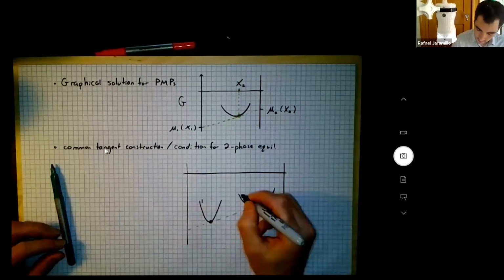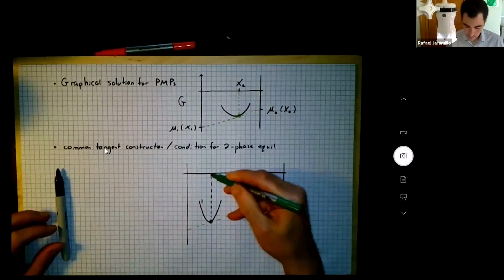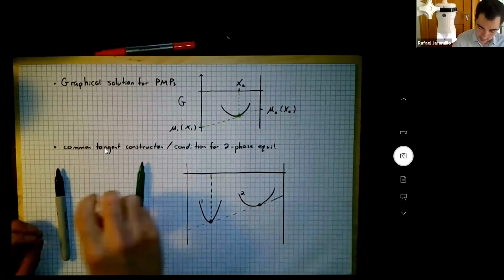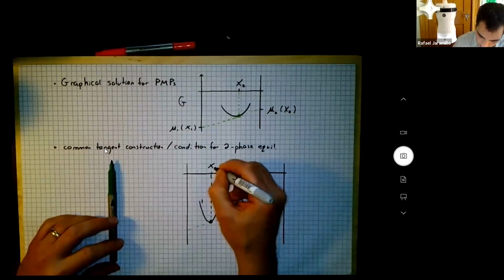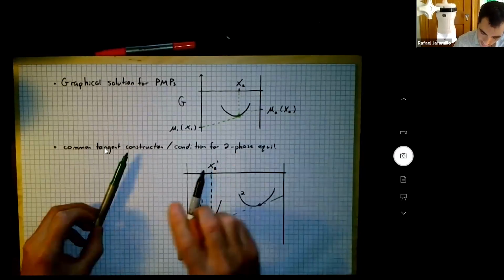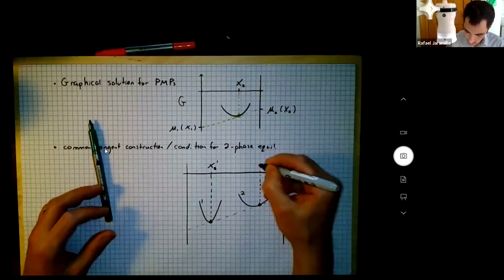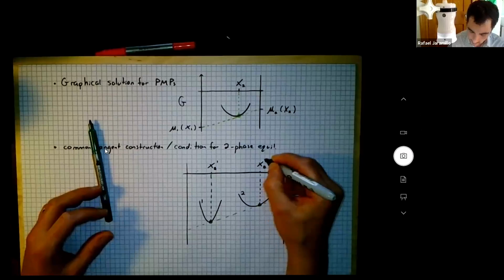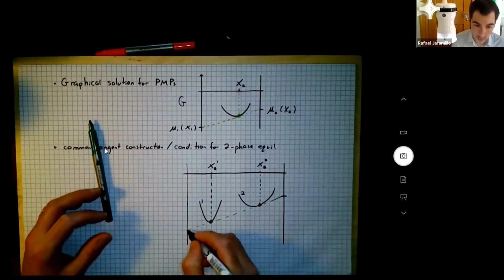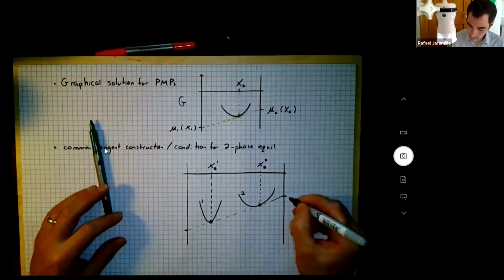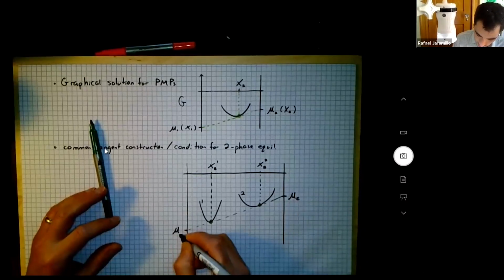This is phase 2. Using our notation from the previous slides, let's say this is composition of component B in phase 1. This is composition of component B in phase 2. These intercepts are the chemical potentials of B and A.